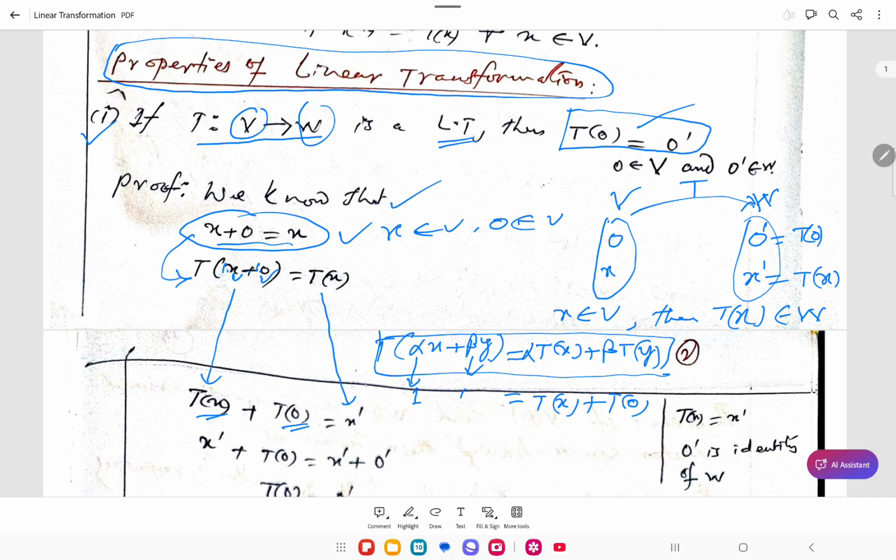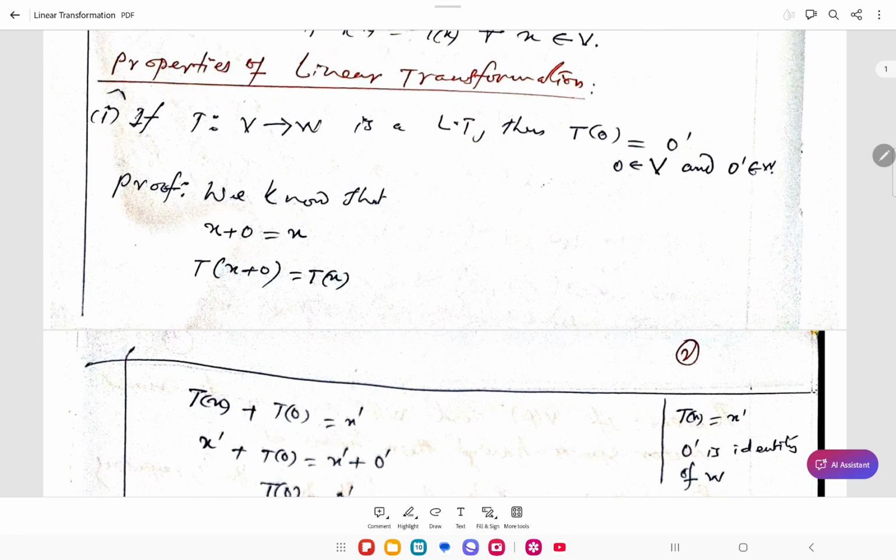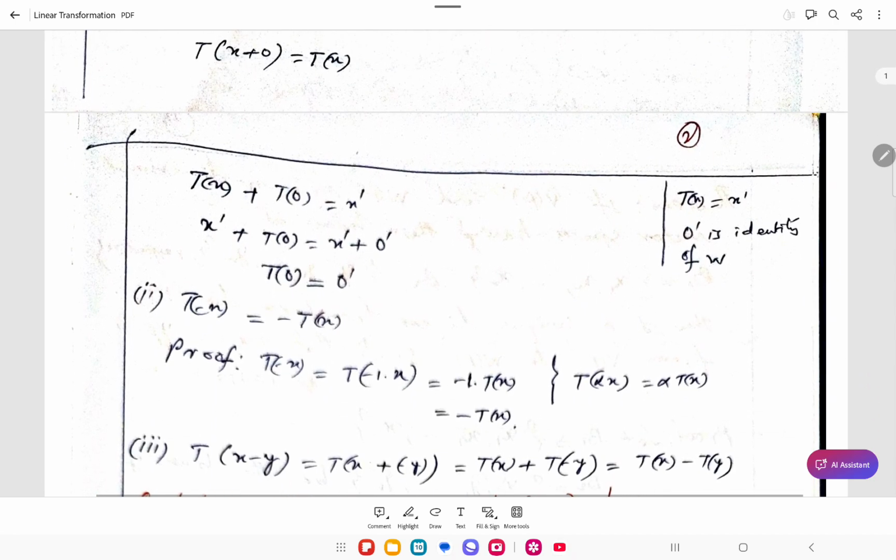And Tx is x dash, so it is just a change of notation. So we know that Tx is replaced by x dash, and we just take T0 as T0, the same. This side Tx is replaced by x dash, and now here we have added an extra 0 dash.